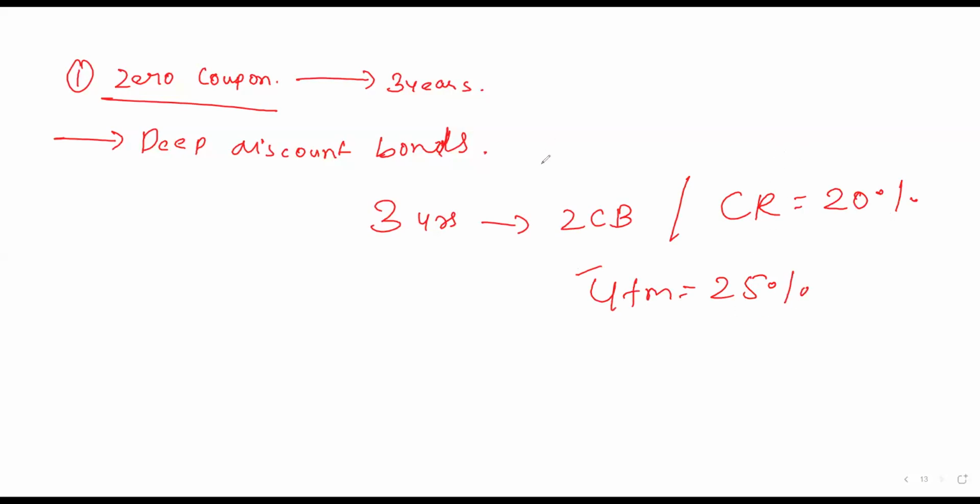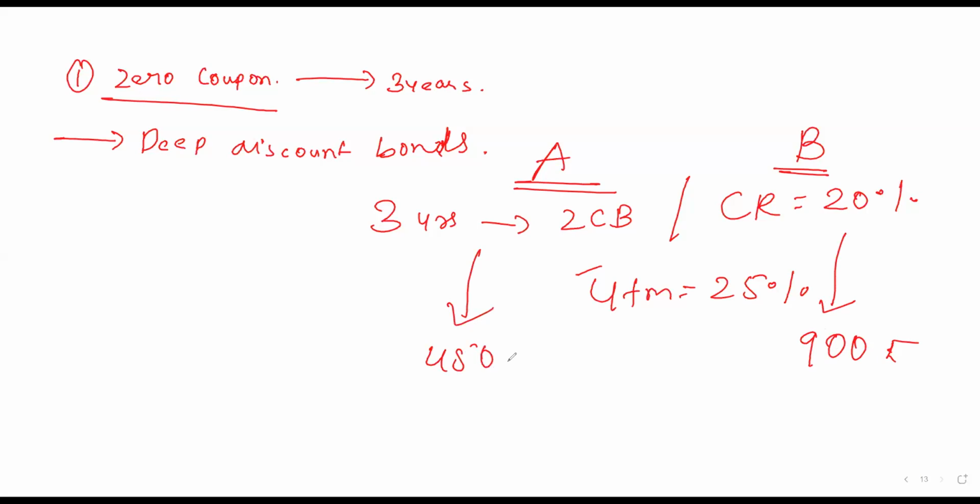So this is bond A, this is bond B. If bond A is being traded at 900 rupees, bond B will trade at a very deep discount, that is probably 450 or 400, compensating for the coupon that it does not pay.